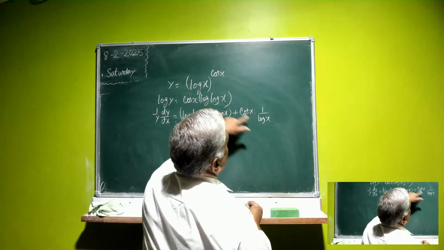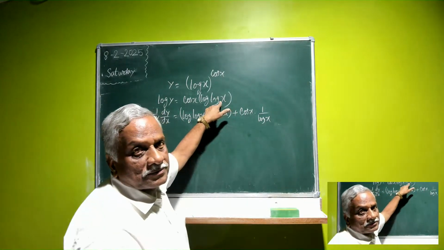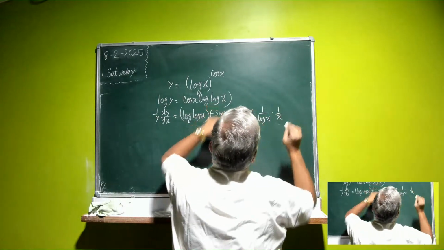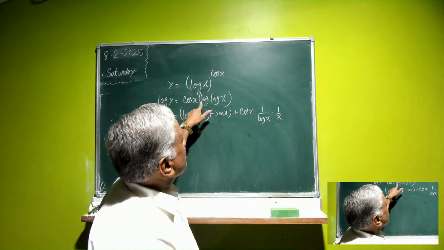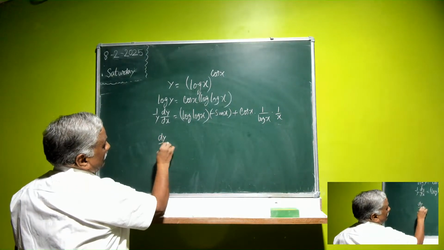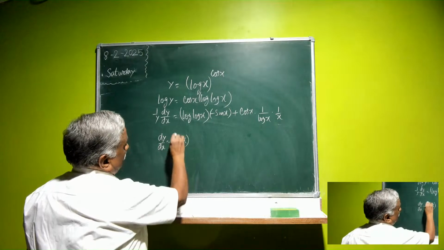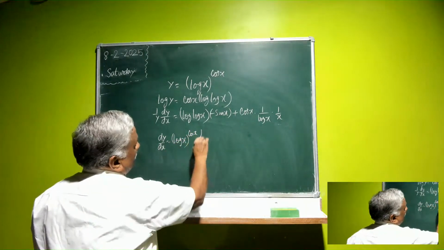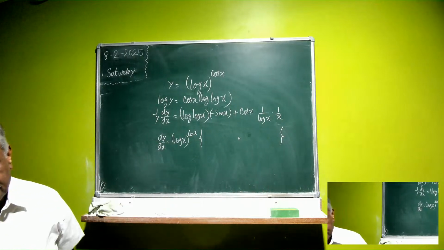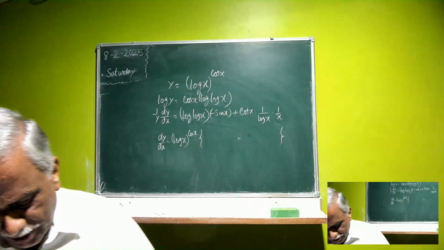If sin x is there, I will write sin x because log x is depending on log x. Then I should differentiate log x. It is 1 by x. First differentiate this log and then differentiate this. So what is our next answer? Dy by dx is equal to log x to the power of cos x into the entire thing you have written like this. So we will move on to the next problem in the same year.